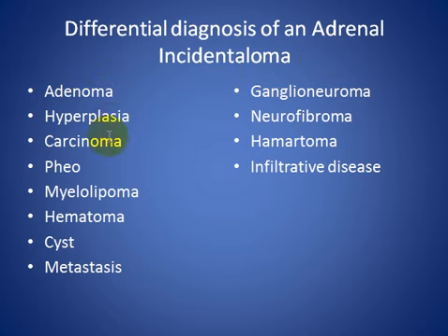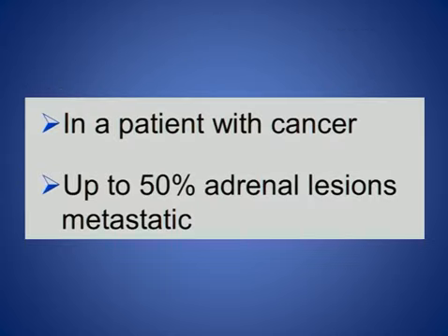Adenoma, hyperplasia, carcinoma, pheochromocytoma, myelolipoma, hematoma, cyst, adrenal metastasis, ganglioneuroma, neurofibroma, hamartoma, infiltrative lesion. In patients with cancer, up to 50% of adrenal lesions are metastatic.